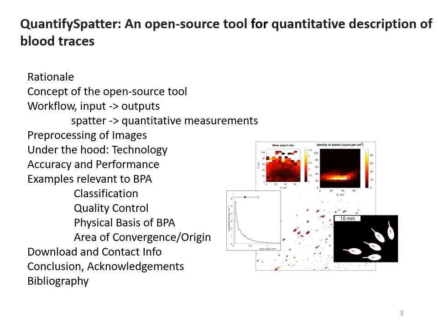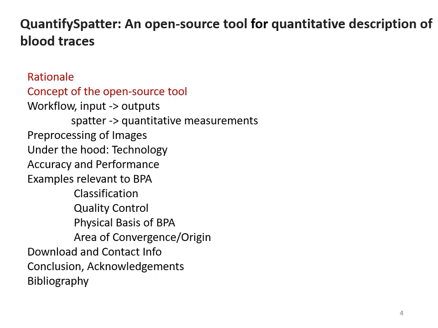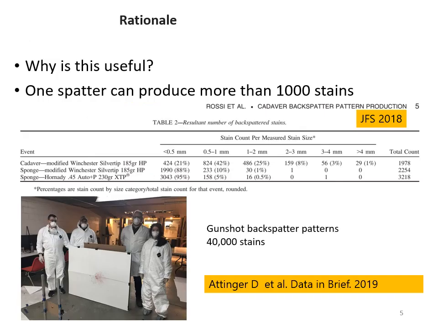So why did I get interested in this? Well, it's relatively simple. If you hit blood, let's say with a bullet for a gunshot backspatter or with a hammer, you can produce in one hit up to 10,000 stains.